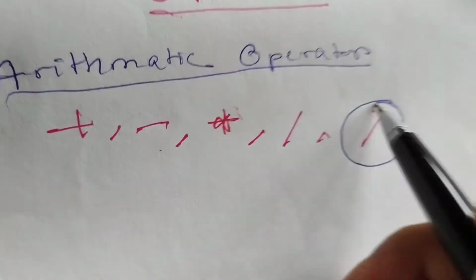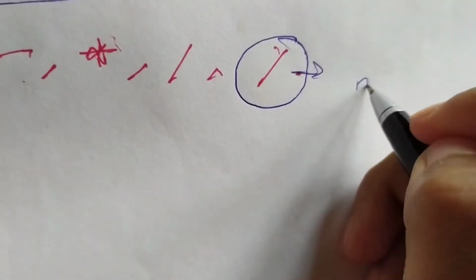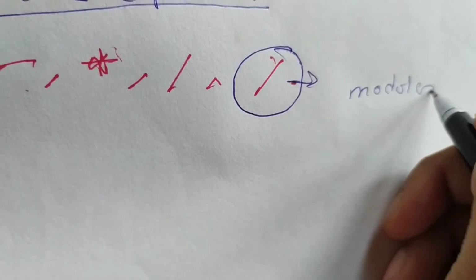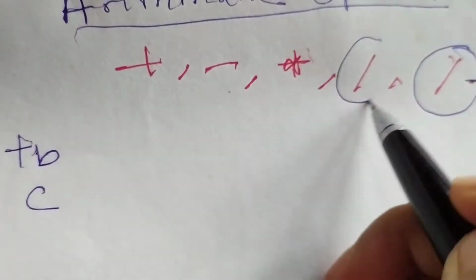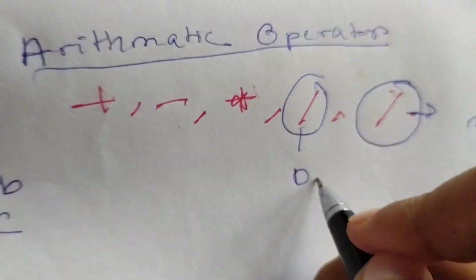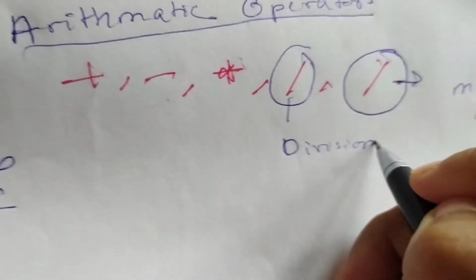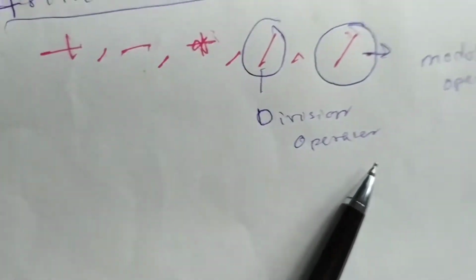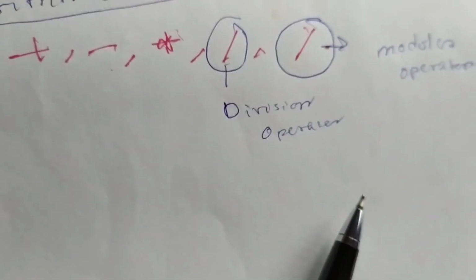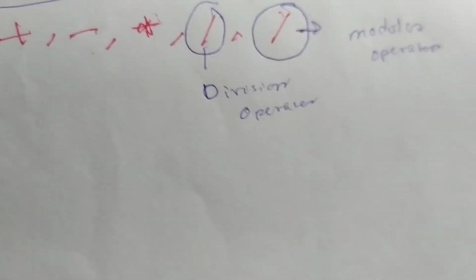Okay, so now this is the modulus operator. And this is the division operator. So now what is the modulus operator? There is a distinct difference between these two operators.